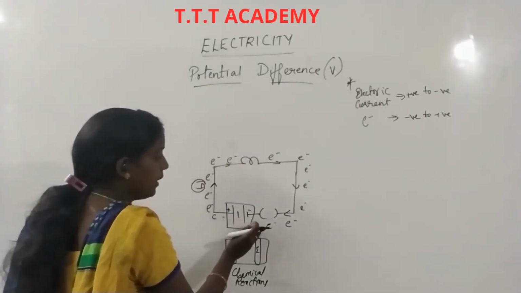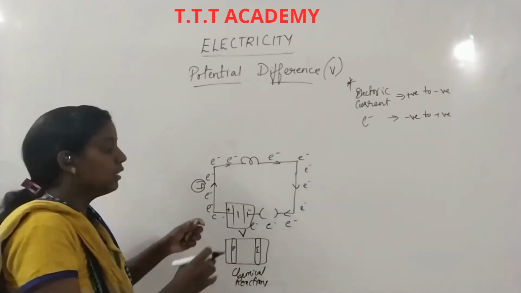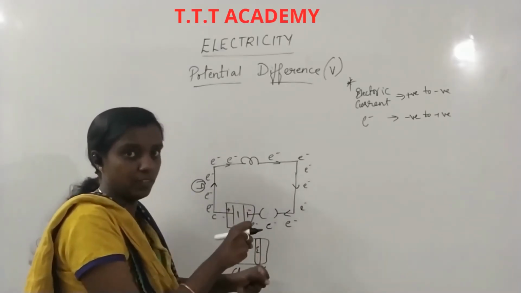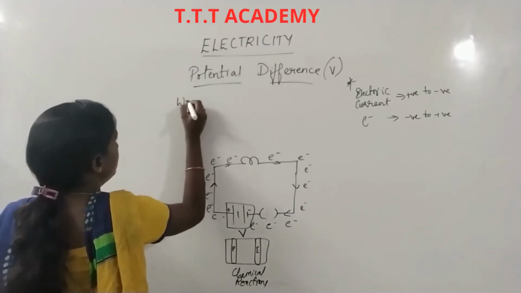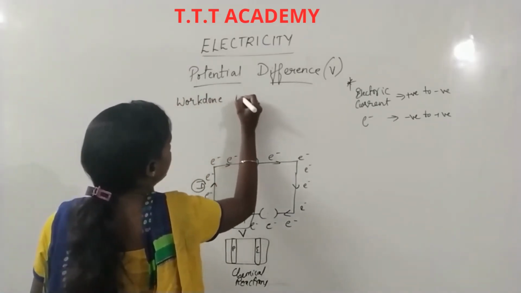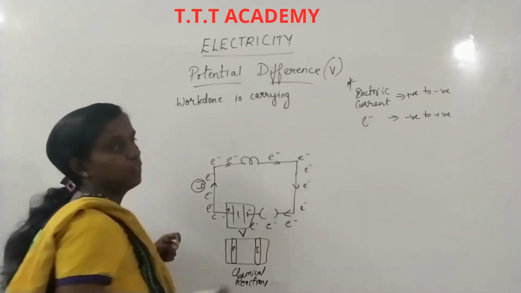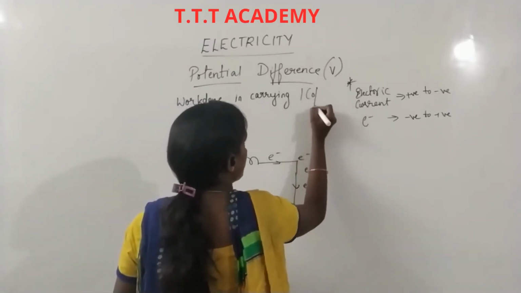It is nothing but the flow of electrons. No, electrons means what? Charges. So the work done, some work is done, no? Some energy is given to push the electrons. So work done in carrying 1 coulomb of charge.